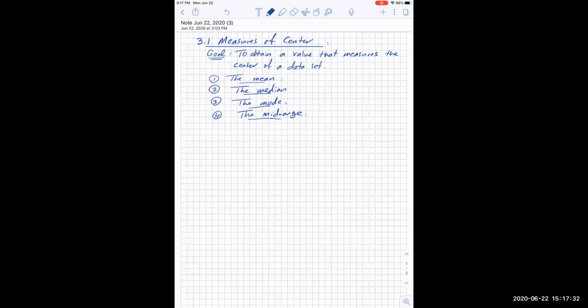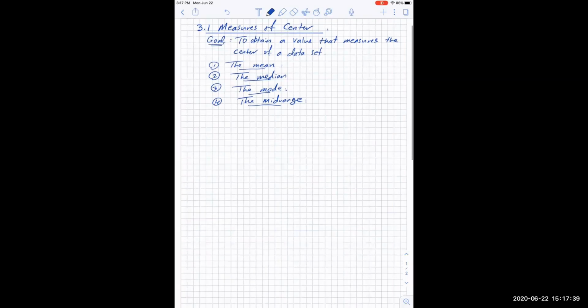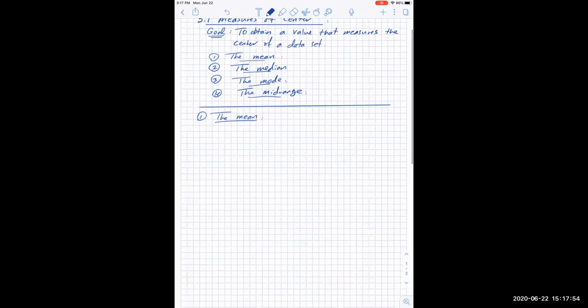Let's begin with the mean. Number one, the mean. So the mean has two different symbols.